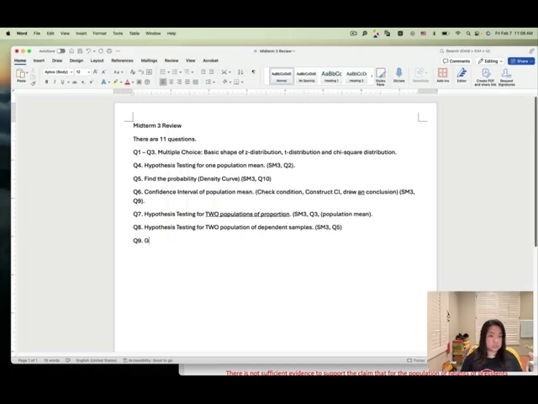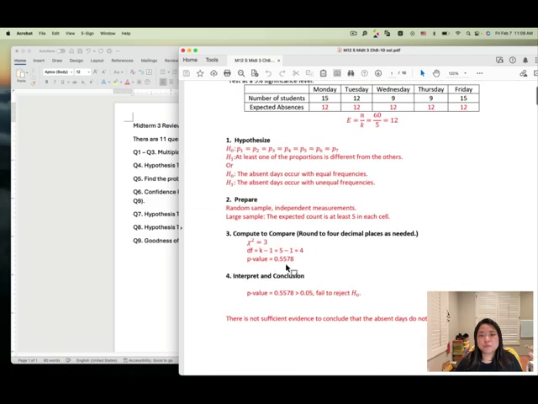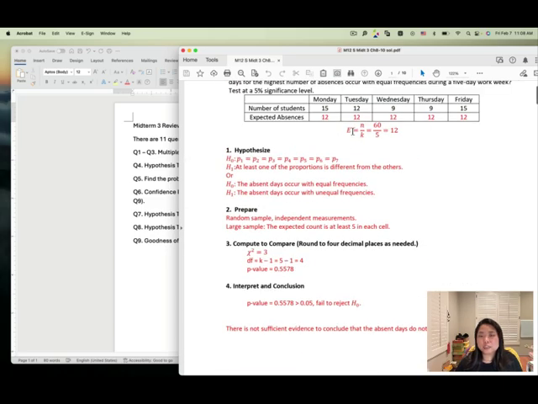Question 9. Goodness of fit test. You could review question 1 from the sample midterm. Okay, goodness of fit test. You may have equal expected frequency or unequal expected frequency.